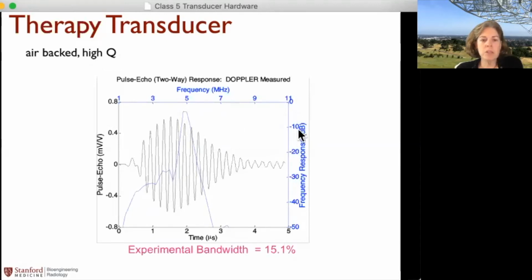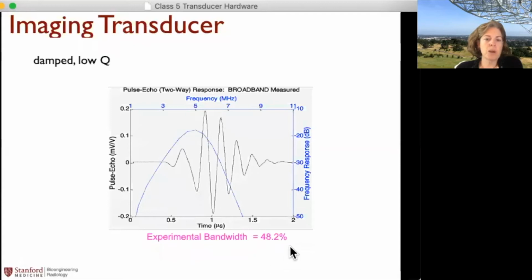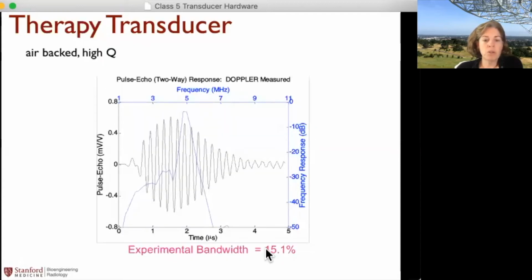Well, this is in a dB scale, so the half maximum is going to be way up here, but it's much narrower in terms of the bandwidth. So this one now has about 15% bandwidth, and in the other case, it was about 50% bandwidth. So remember, Q is 1 over the bandwidth, so a smaller bandwidth is going to give you a much higher Q.